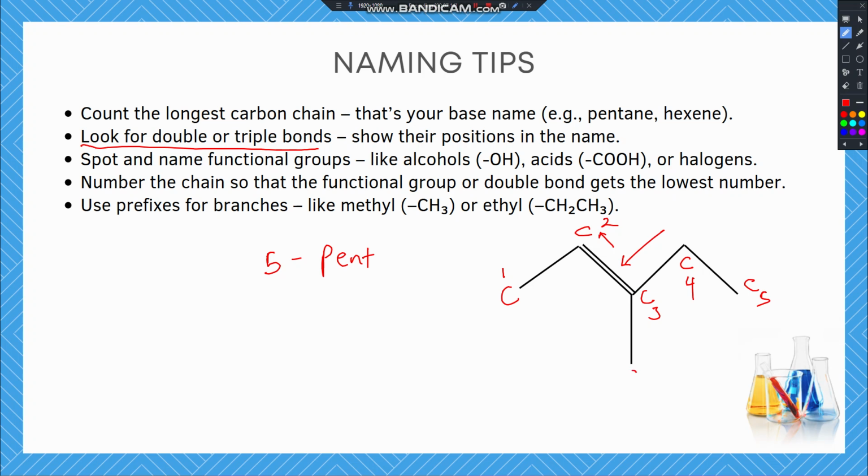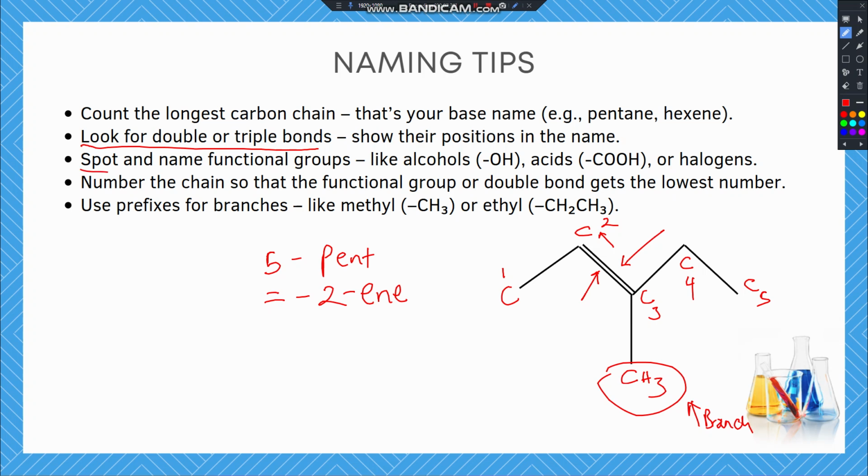So automatically that means this CH3 over here becomes a branch. We're coming to that later. But now that we have identified the carbon that contains the double bond to be on number 2, to identify it, we'll simply use the name 2-ene, showing that there is a double bond on carbon number 2.